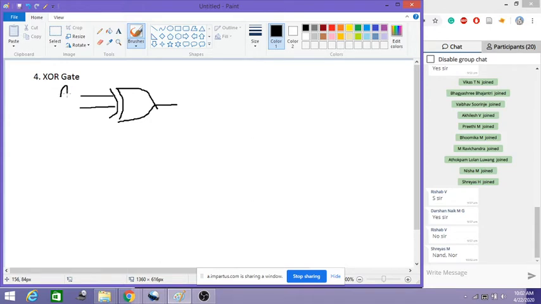So this is my XOR gate, with inputs A, B, and output Y. If we read the truth table here, we have inputs A and B, and the output Y is equal to A plus B.